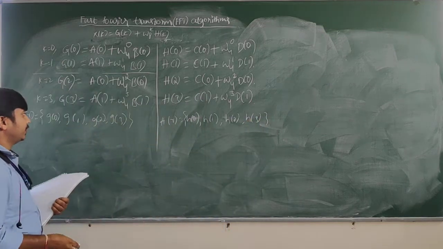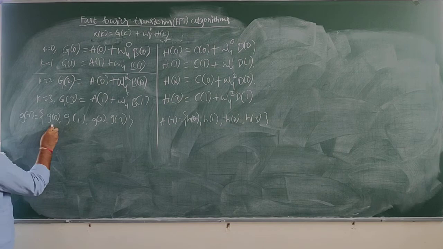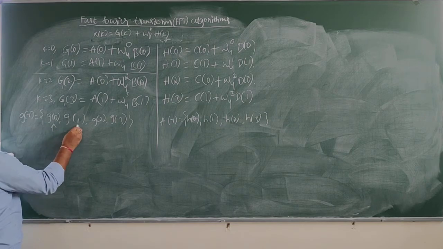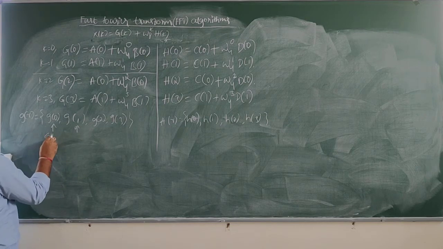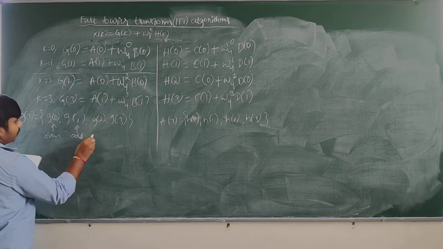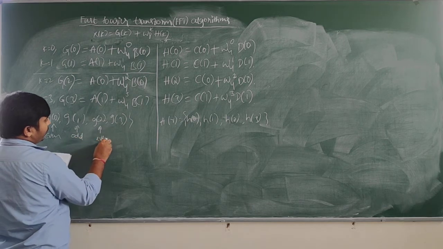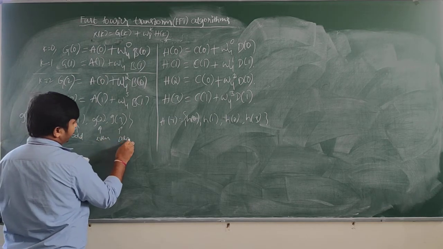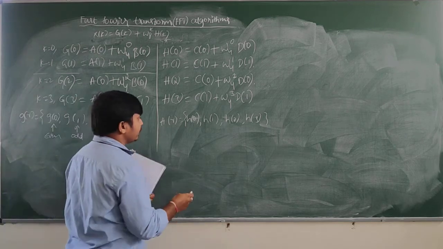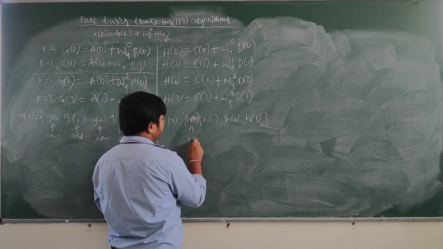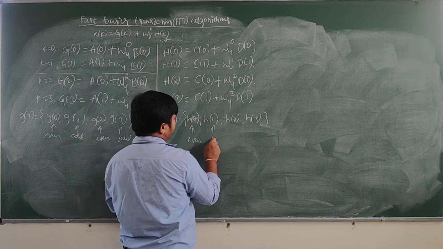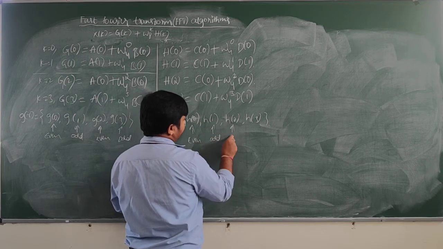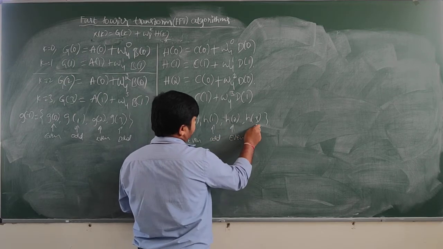Here I need to split: 0 is even, odd, even, odd. So again here this is even, odd, this is even, this is odd.